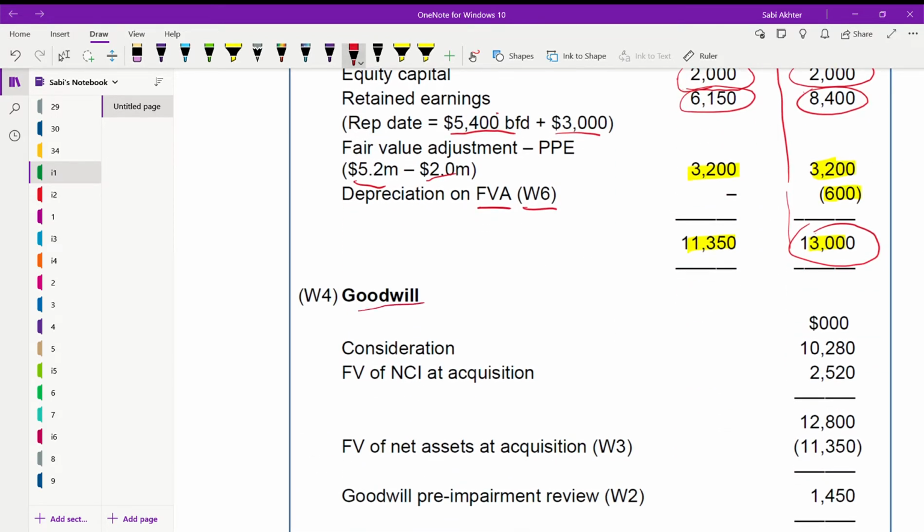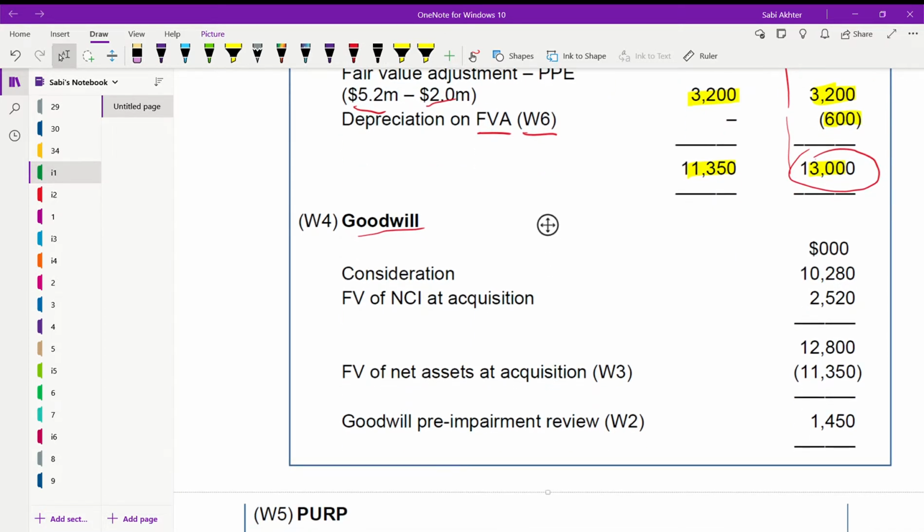This is the pro forma of goodwill calculation. We all know that it is consideration plus fair value of NCI minus fair value of net assets at acquisition. Consideration is given, they have bought it for 10.28 million. Fair value of NCI was also given. Net asset we just calculated, but this net asset you have to take at acquisition, not at the reporting date.